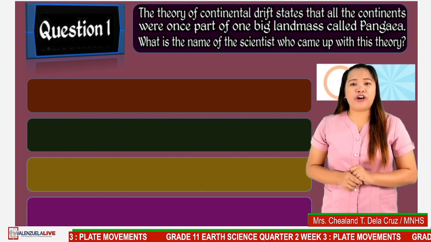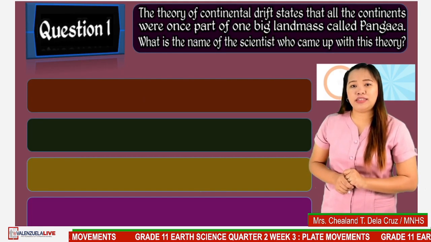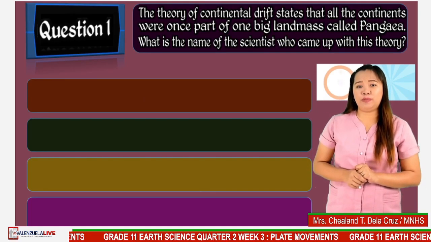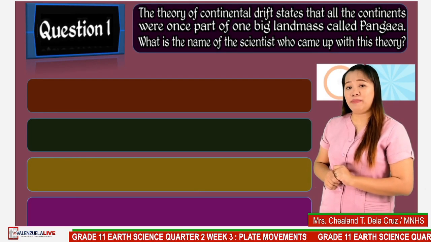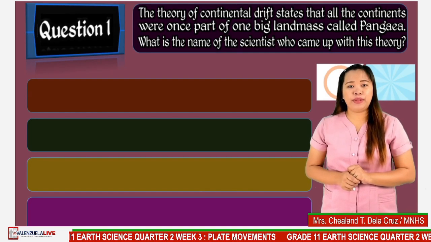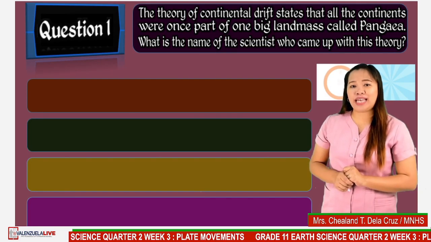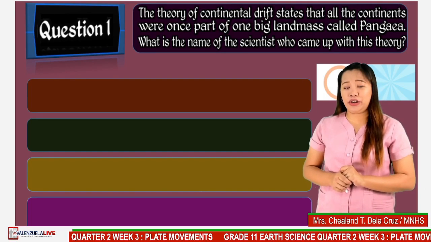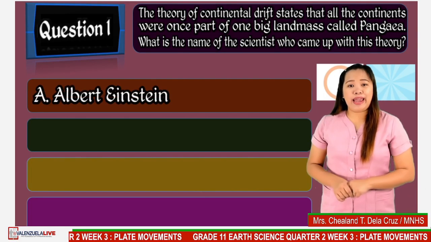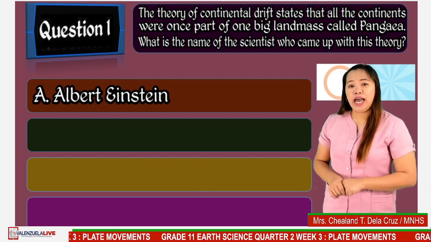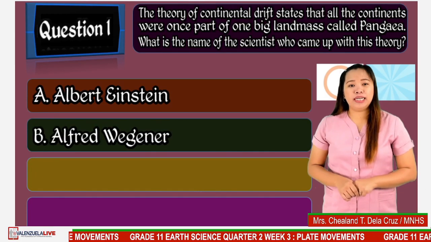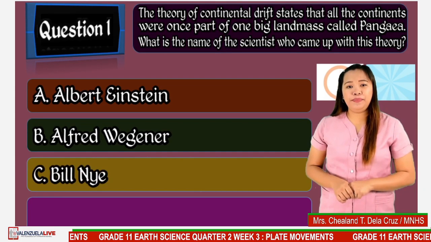The theory of continental drift states that all the continents were once part of one big landmass called Pangaea. What is the name of the scientist who came up with this theory? A. Albert Einstein. B. Alfred Wegener. C. Bill Nye.